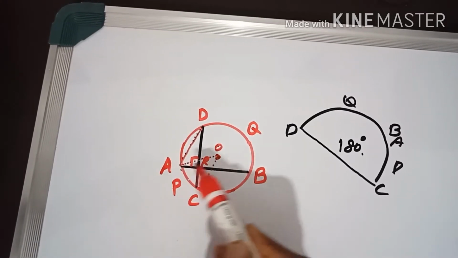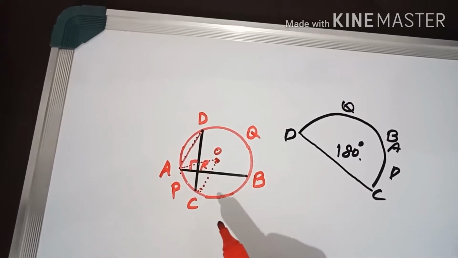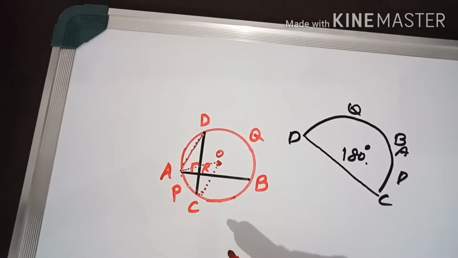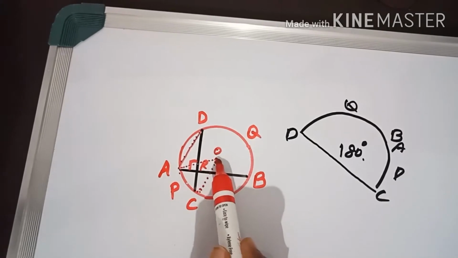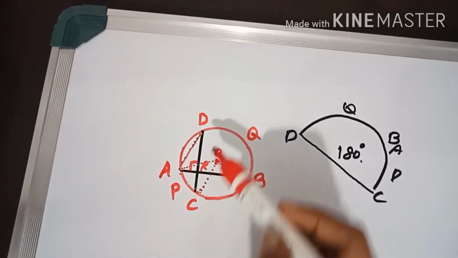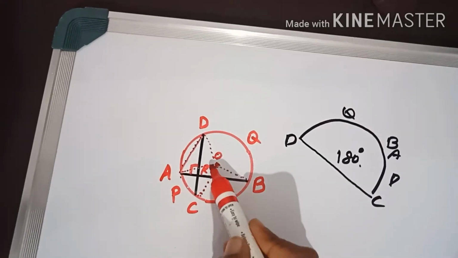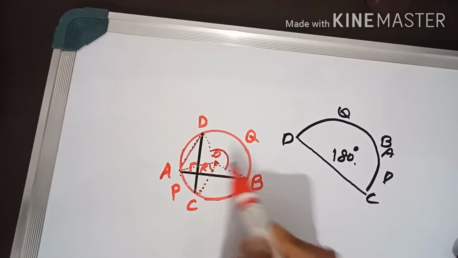Now we need the central angle of the arc BQD. That means B and D also we need to join to O like this. B to O and D to O. That means we need this central angle and this central angle.